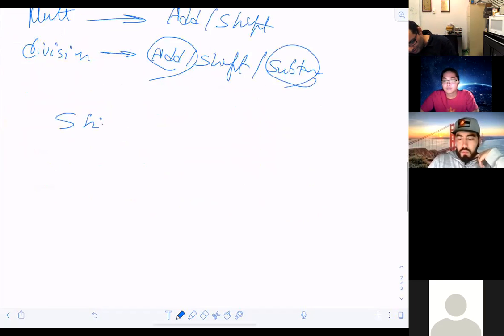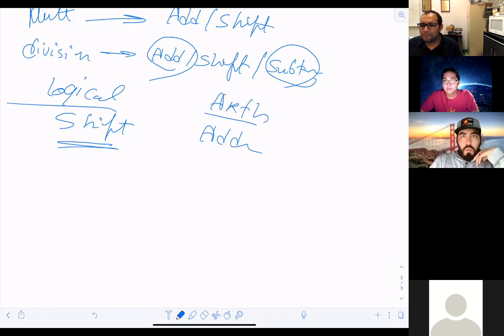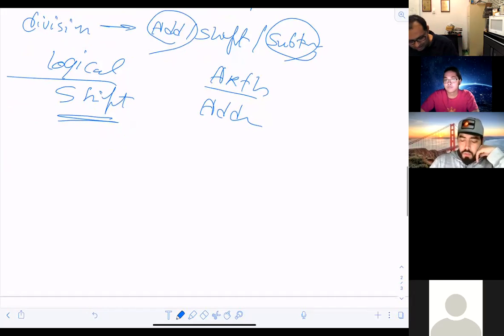Shift is called logical, and add is called arithmetic. Then you play and make a mix. Perfect. You would like to do differentiation, or e power x. For instance, how are you going to compute e power x in a computer?